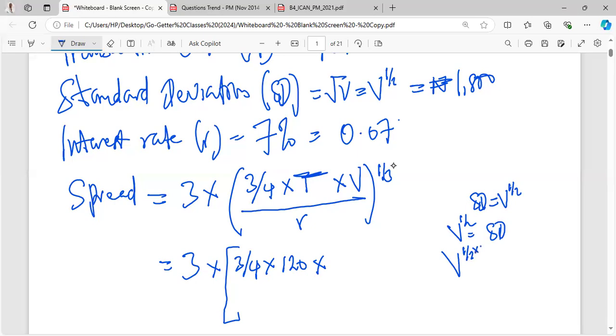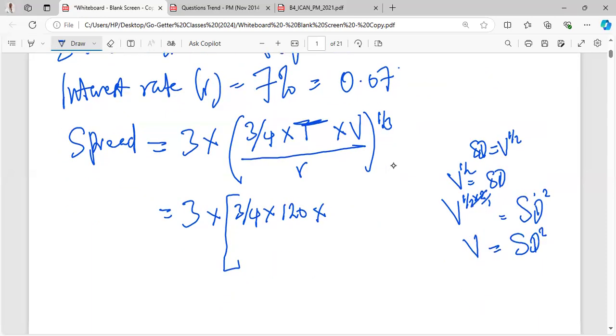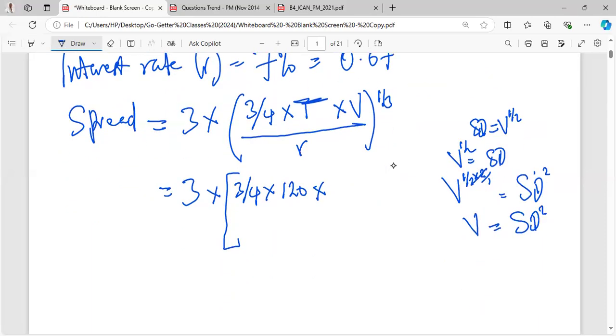You multiply by 2 over 1. Anything you do to the left, you do to the right. So this will cancel this. So V is equal to the square of standard deviation. That is what I am doing here. Square of standard deviation means 1800 squared.